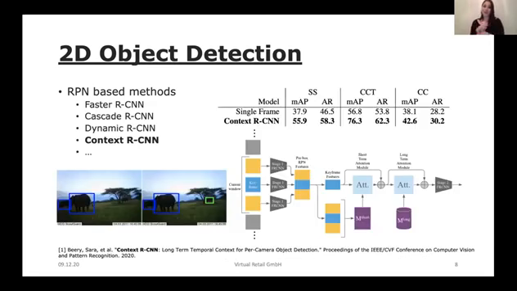Another interesting one is the Context RCNN. First of all, this is not an online method. It takes the current frame and the adjacent previous and future frames as local guidance to guide the current frame detection. Also, it uses long-term keyframes to do this guidance as well. So what's the long-term?